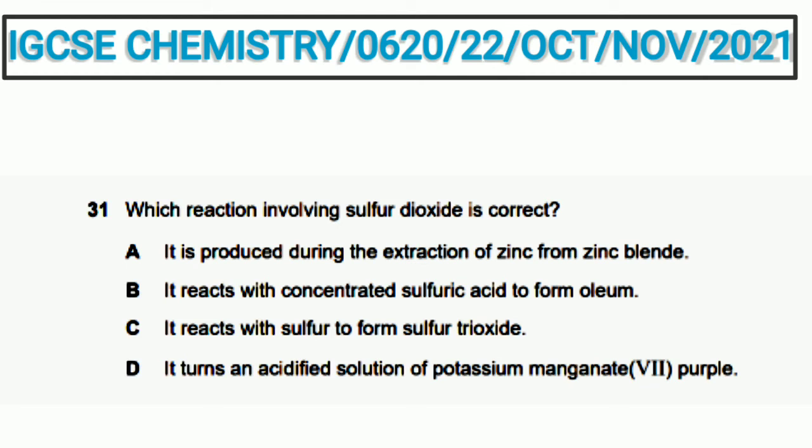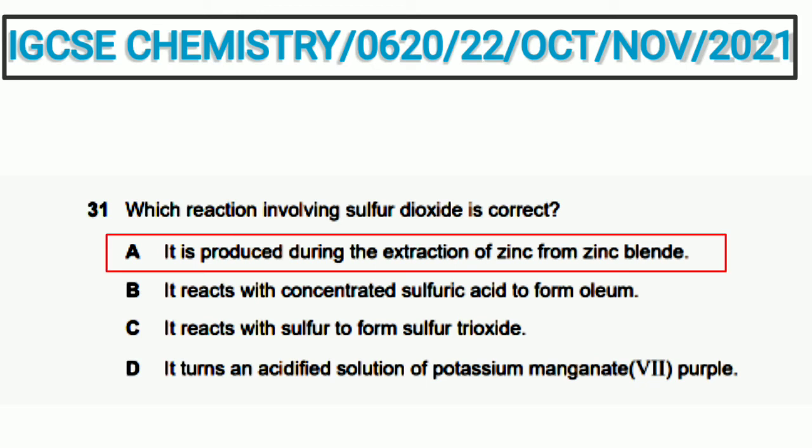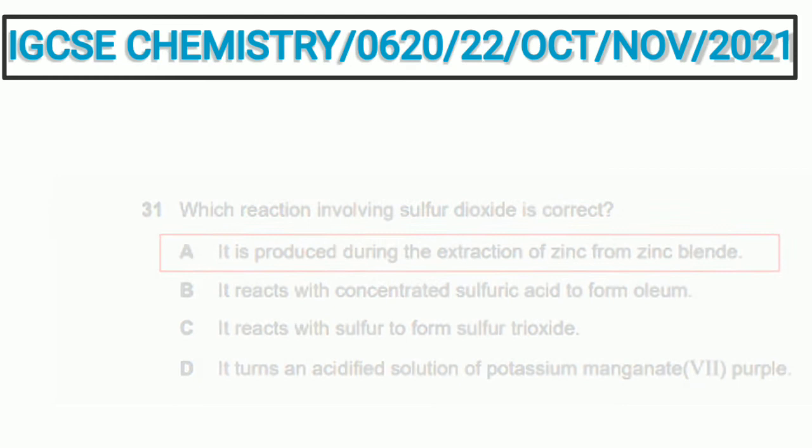Again a wrong statement. Sulfur dioxide reacts with oxygen to form sulfur trioxide. Statement D. It turns acidified potassium manganate purple. No, it turns acidified potassium manganate colorless. So the correct statement is A. It is produced during extraction of zinc from zinc blende.